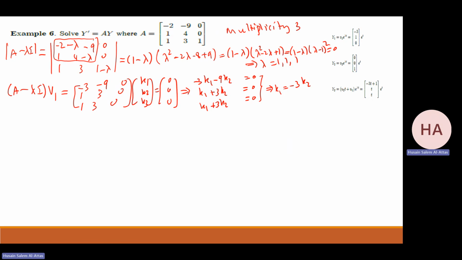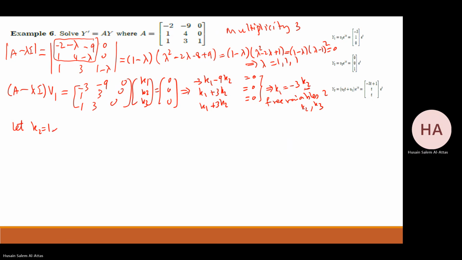So how many free variables do they have? 2. Because there is no restriction on K2, and also there is no restriction on K3. So V1 will be what? I will do this trick. The free variables are K2 and K3.